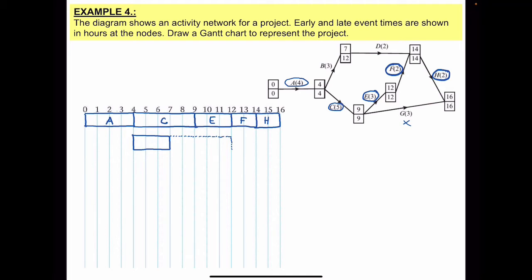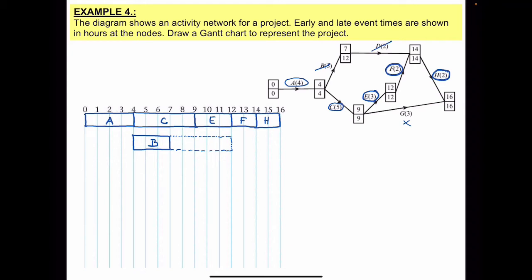This is the float of the B activity. Or you can do it the same way as we have done in example 3 in the animation: start at 4, finish at 12, then find out the float and shade the float. Okay, both are okay.